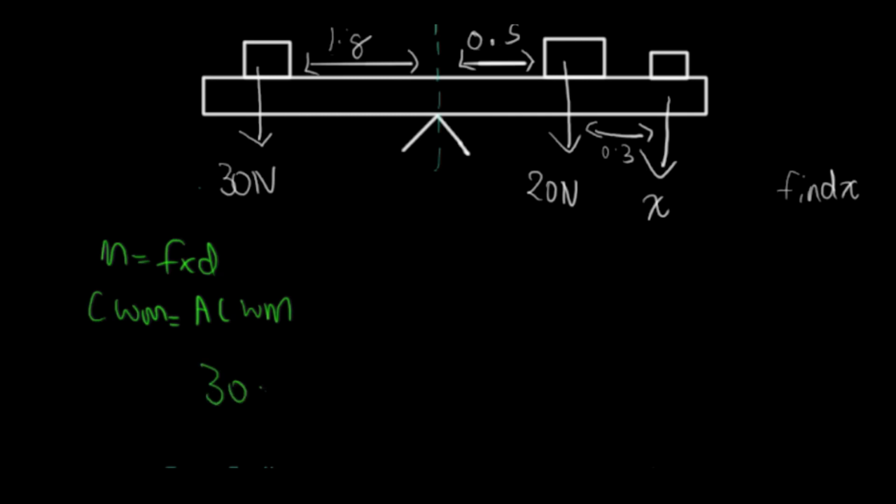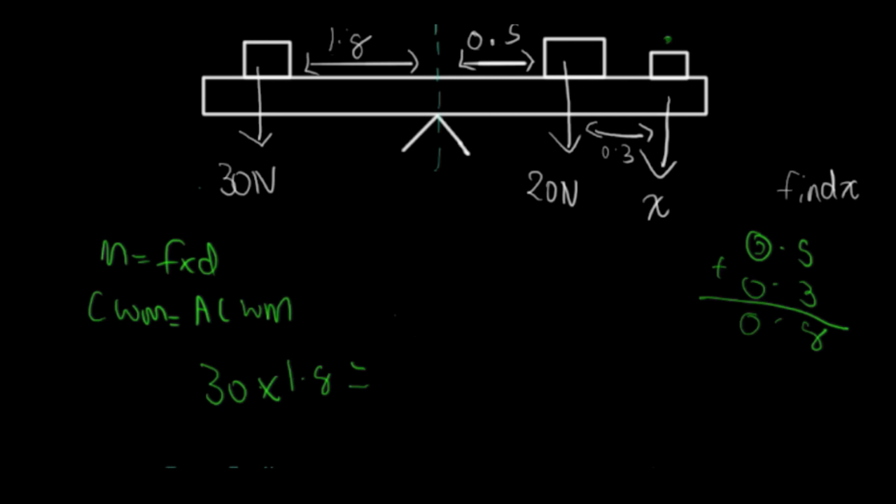So 30 times 1.8 is equal to 20 times 0.5 plus x times 0.8, because we are getting the total moment of these two objects, and 0.5 plus 0.3 is equal to 0.8.